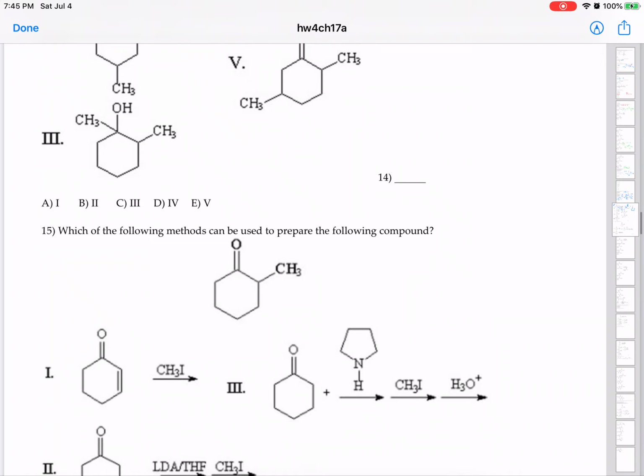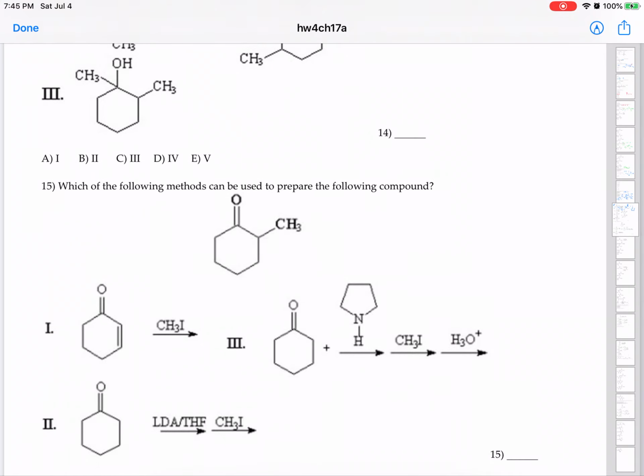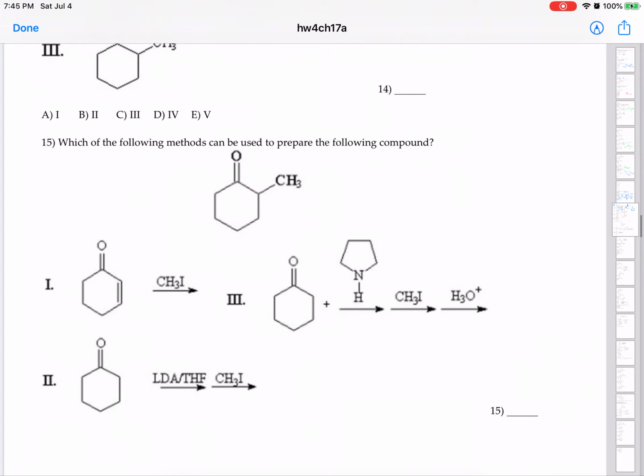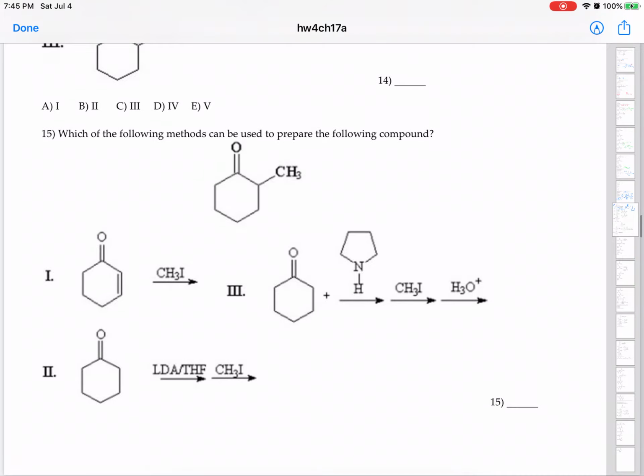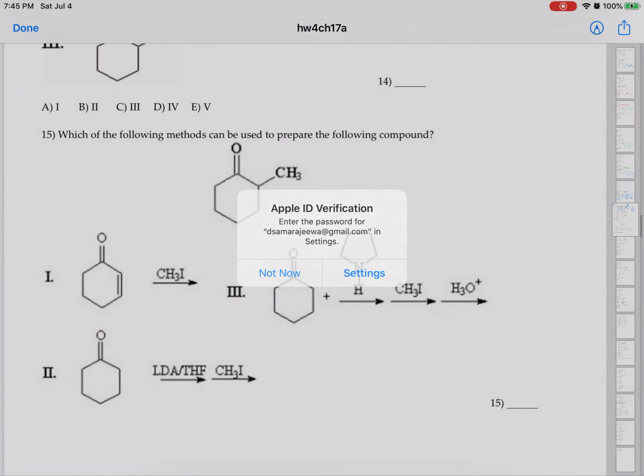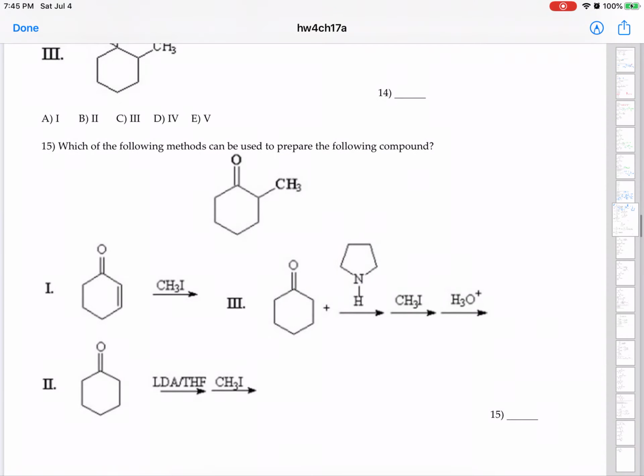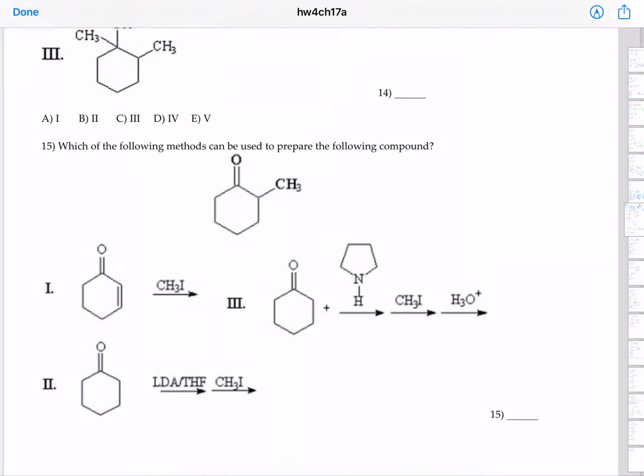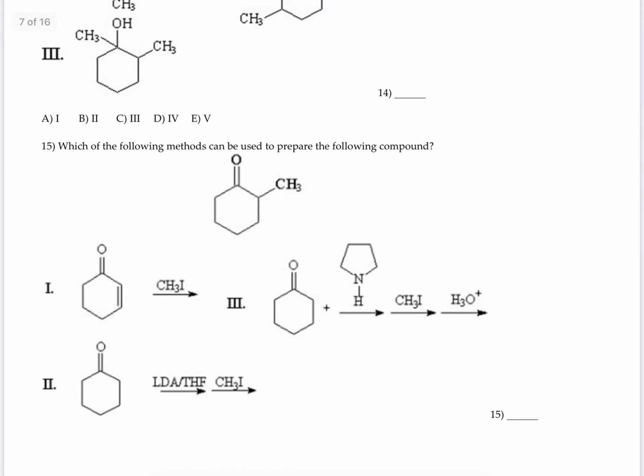And then, which of the following methods can be used to prepare the following compound? Okay, so you want to add a methyl group on the alpha carbon of this compound. Now the first one.